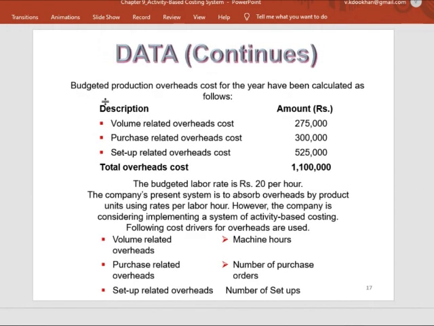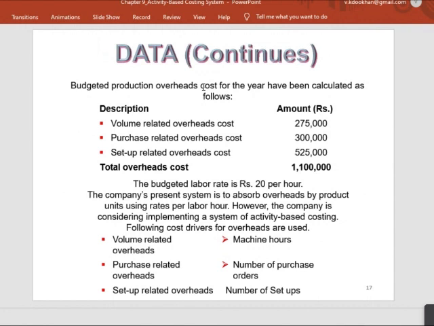We continue with the question now. The budgeted production overhead cost for the year has been calculated as follows. These are production overheads, so they are not direct costs and not variable costs.